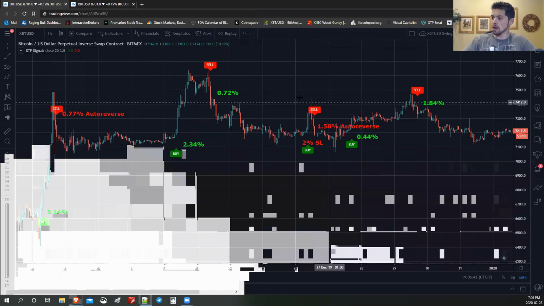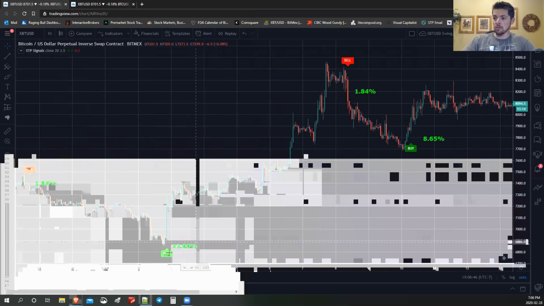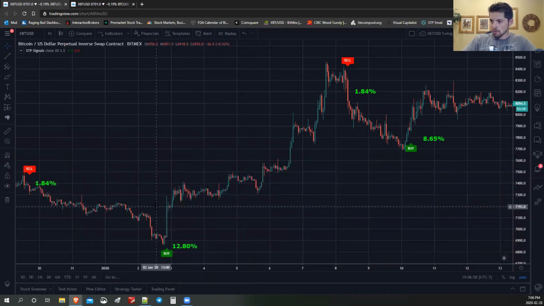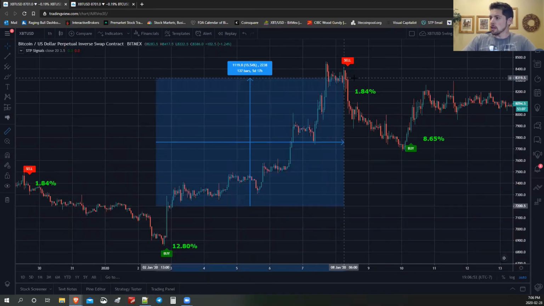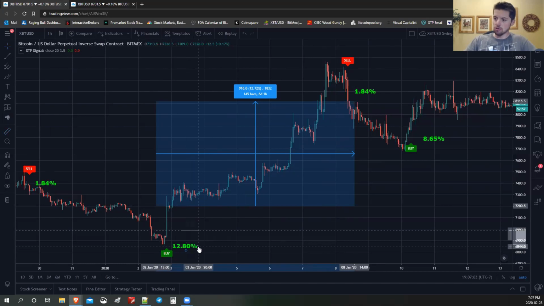Like here, back to back, 2 losses. That sucks. And then you come out the gate with a huge runner, 12.8%, right? So from here, and assuming that you closed it on this candle here, 12.72. Like I say, I was probably zoomed in earlier when I measured this, 12.72, 12.8.